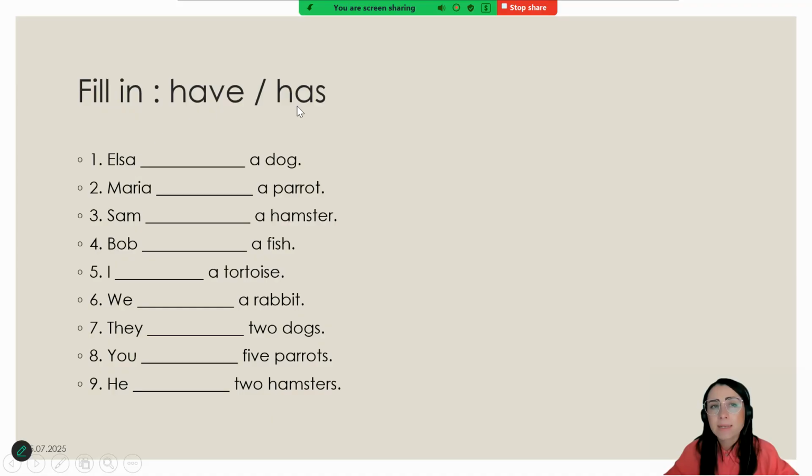Elsa has a dog because Elsa is she and we use the verb has with he, she, it. So Elsa has a dog. What about Maria? Maria has a parrot. Good job.